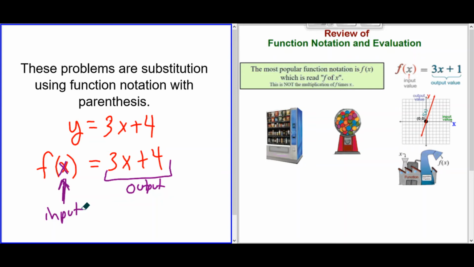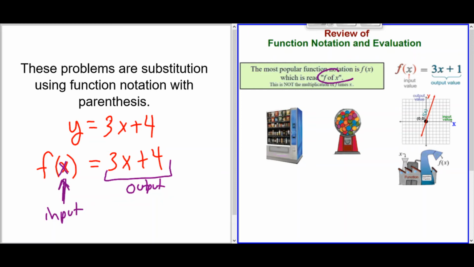As I said, the most popular notation is the f of x notation, and we read it f of x. It's important to know that this is not saying f times x. This is not multiplying. This is just saying f of x, where the x is your input value. So I already mentioned that the x value is your input, and on the other side is your output. We call the output your y value.